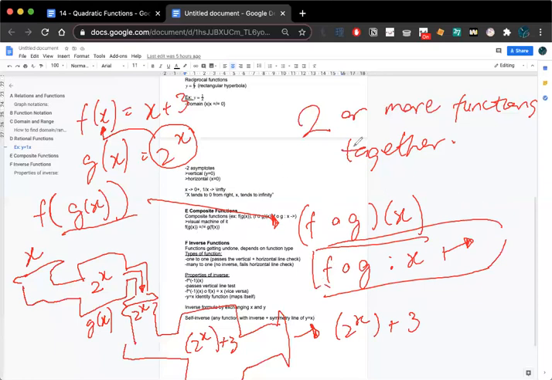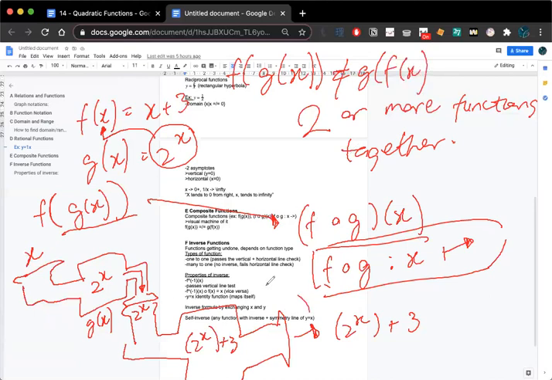Oh, and an important thing to keep in mind is that f(g(x)) is not equal to g(f(x)).